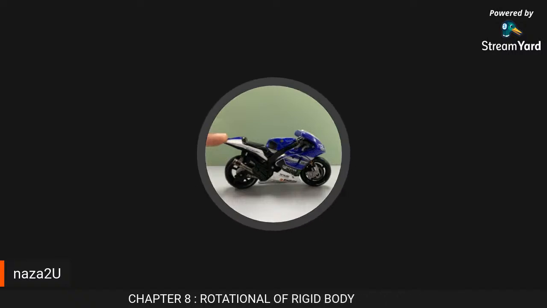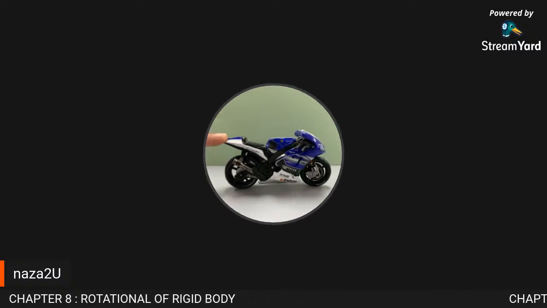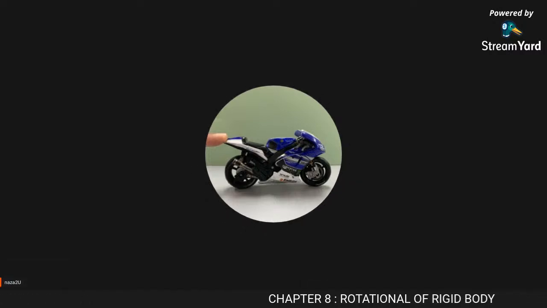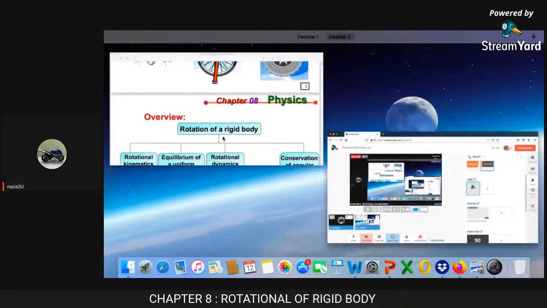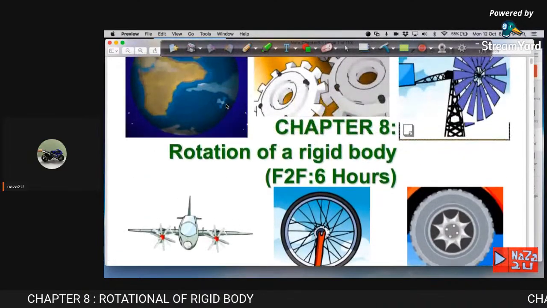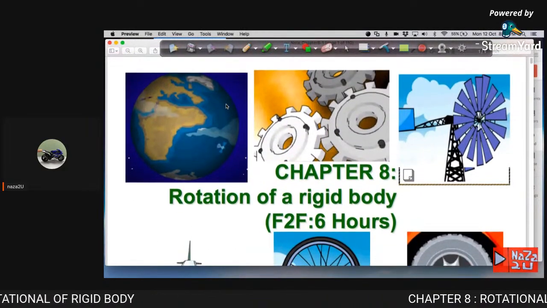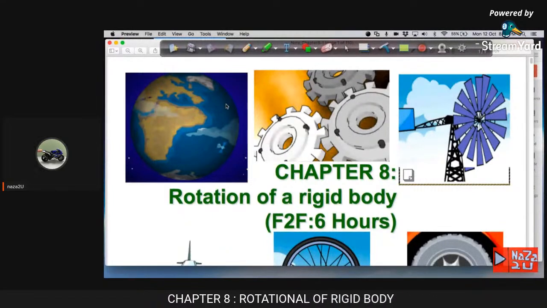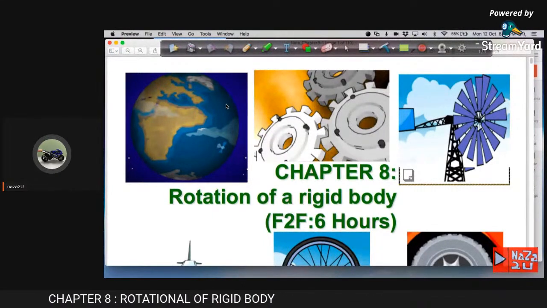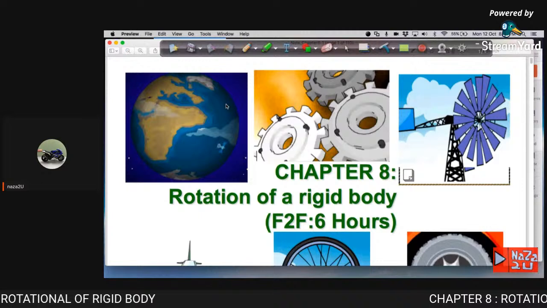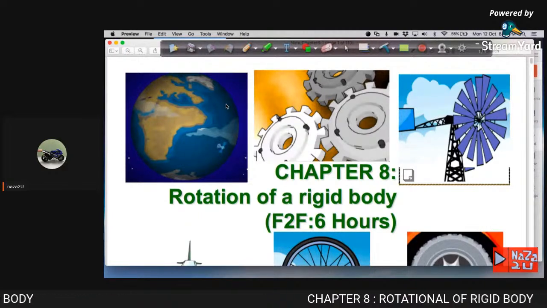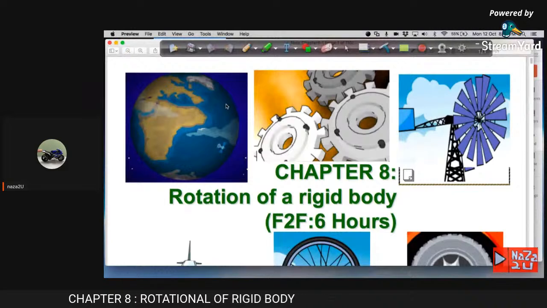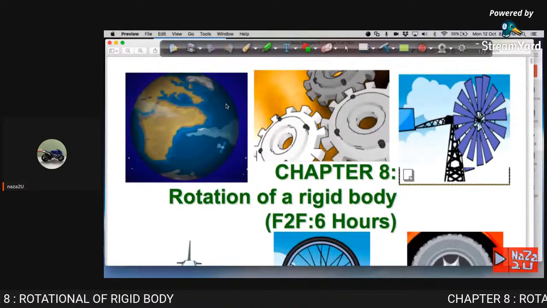Okay, so we go to the lecture note for chapter 8, rigid body. Okay, class, rotational of rigid body.